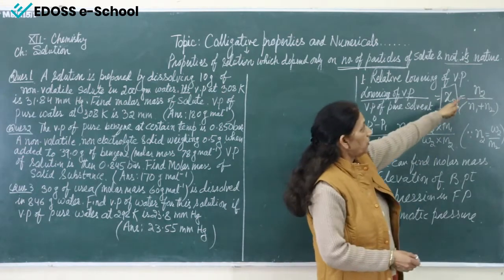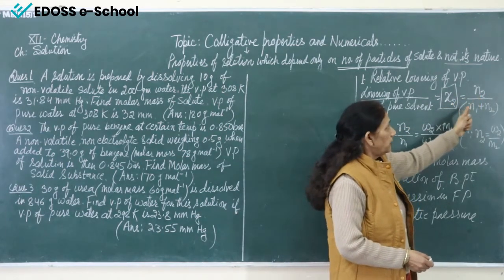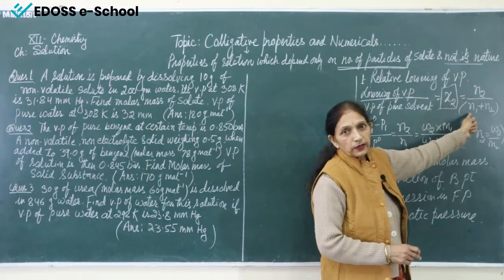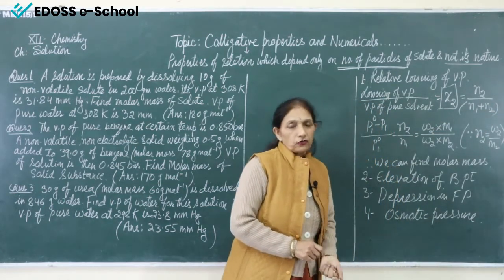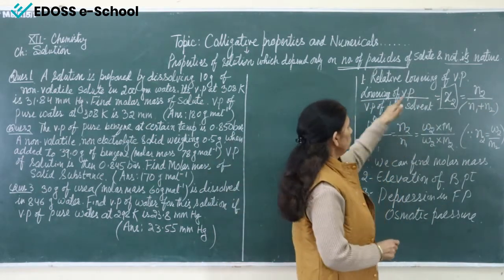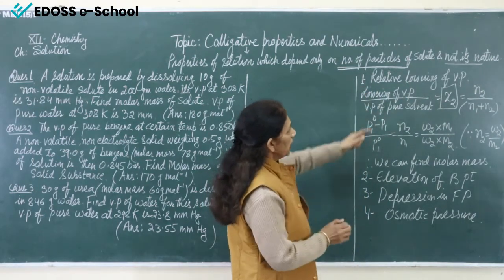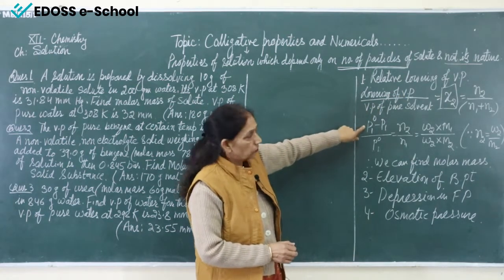This is the ratio of the number of moles of solute upon the number of moles of solute plus solvent, that is, the solution, because a solution contains solute and solvent. So lowering of vapor pressure means the vapor pressure of pure solvent minus the vapor pressure of the solution.